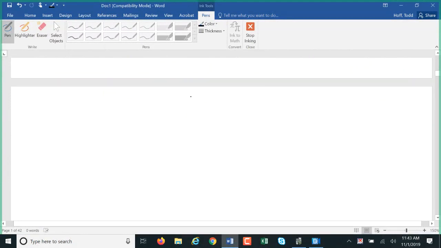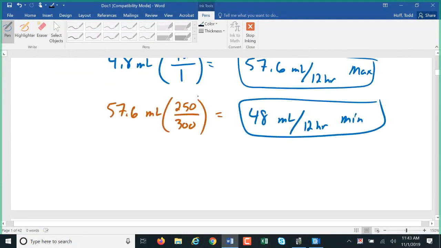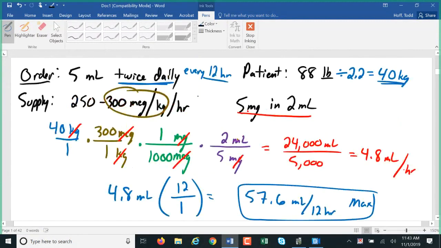Let's have you guys try one. Now, by the way, just a side note on this one. It gives that recommendation every hour. Most of the ones I've done so far, the doctor's orders' time frame has been smaller than the recommended time frame. That's generally safe.